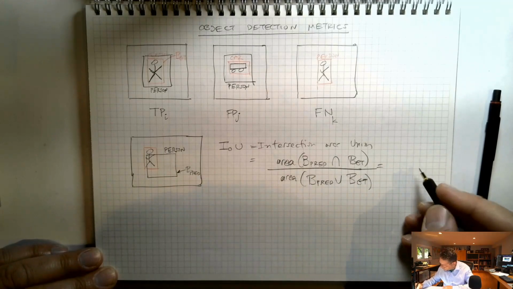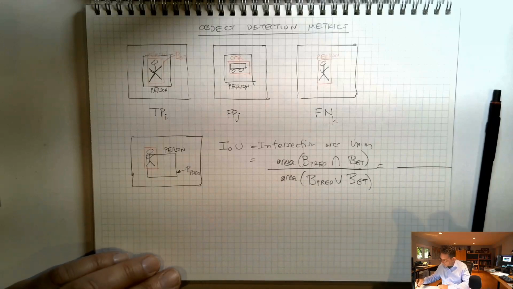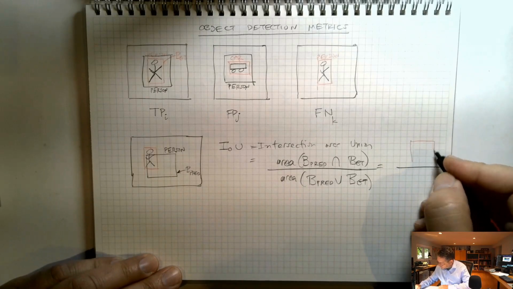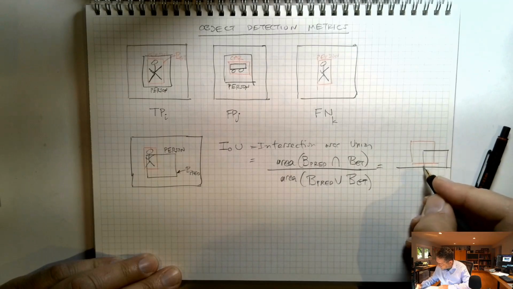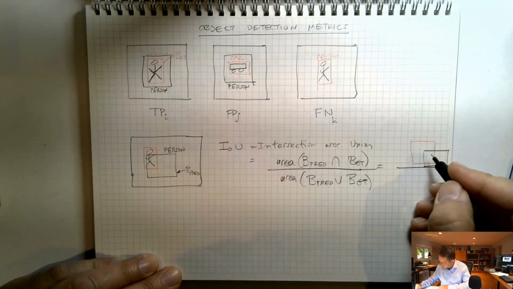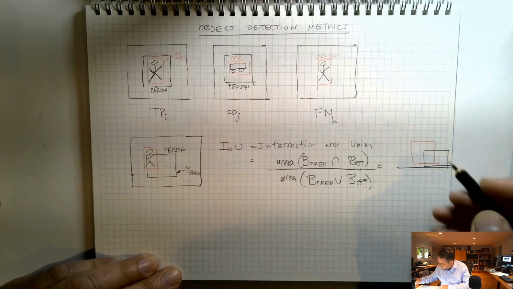So if you want a visualization of that, this was the ground truth, this is my prediction, and this is what will be the intersection.